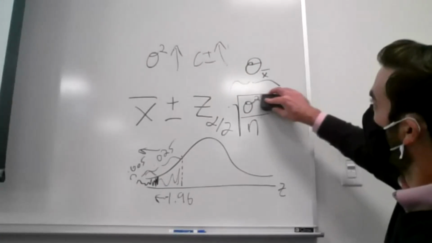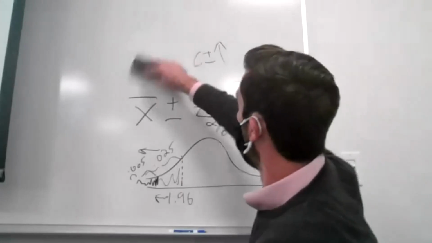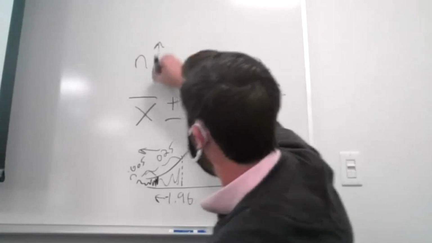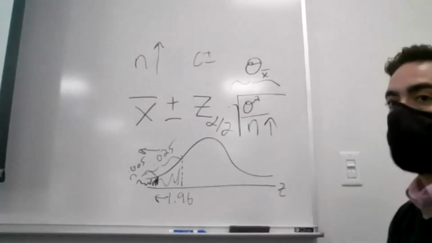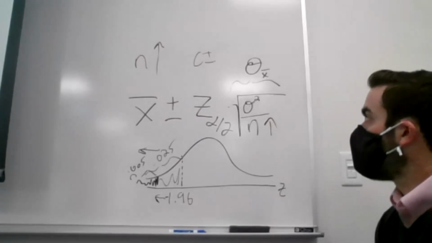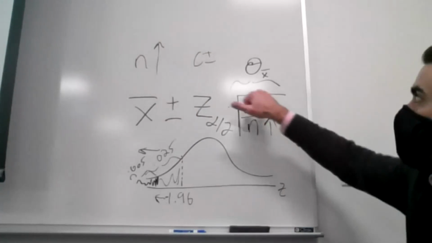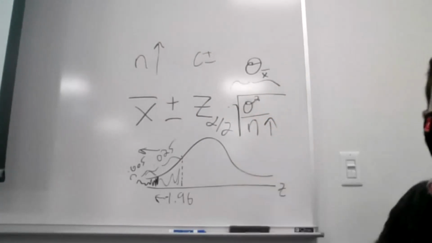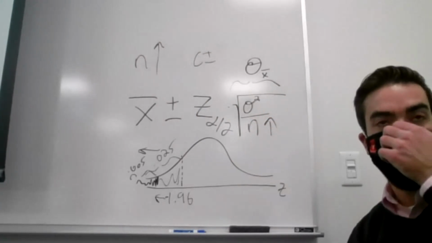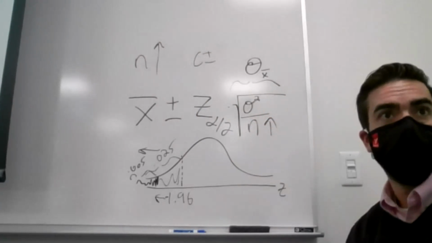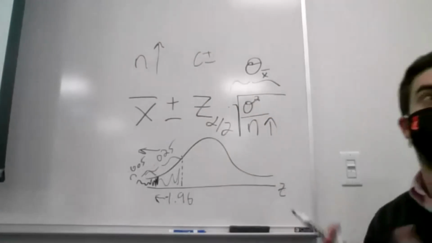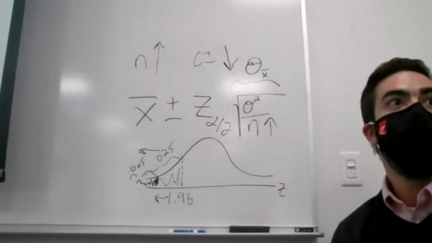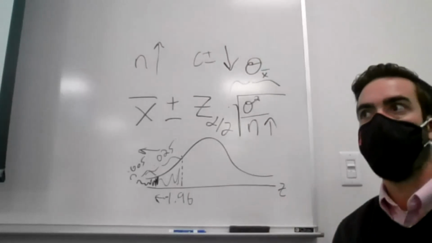So what's the final thing we can change? The final thing we can change is, what if we take higher sample sizes, right? If I take higher sample sizes, what's that going to do to the standard deviation of my sample means here? A larger denominator, so that fraction is going to get smaller. If I then add and subtract a smaller value to that sample mean, my confidence interval for higher sample sizes actually gets narrower, or smaller, right?